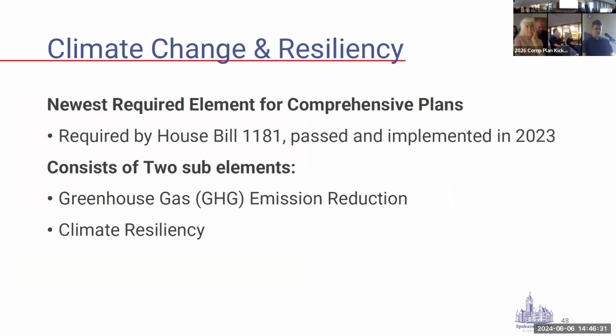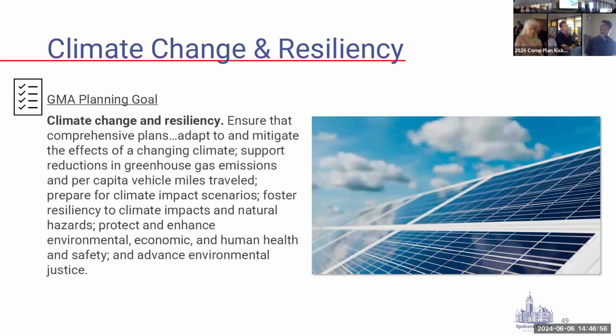This element is required because of House Bill 1181, which was passed and implemented last summer, 2023. It basically consists of two sub-elements, greenhouse gas emission reduction and climate resiliency, and I'll speak to the specifics of those in a few minutes.